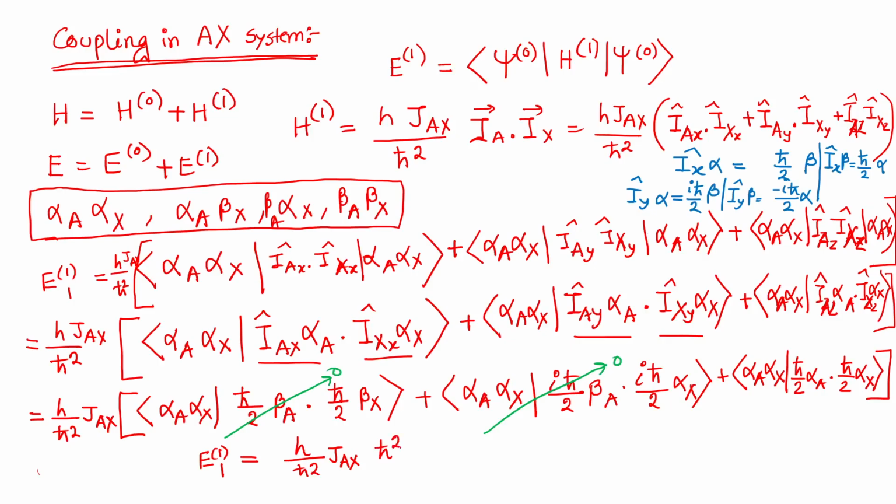We are going to get h cut square by 4, right? And h cut square is going to cancel from the numerator and the denominator. Ultimately, you are left with h J AX by 4. So this is the perturbation you are going to see for the first case, the first state or the lowest state.